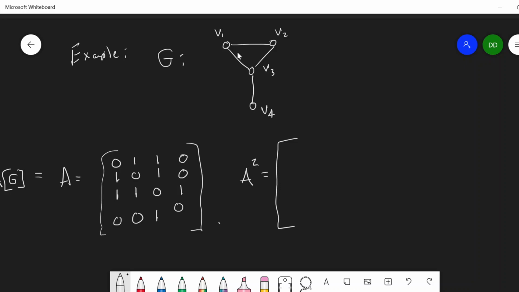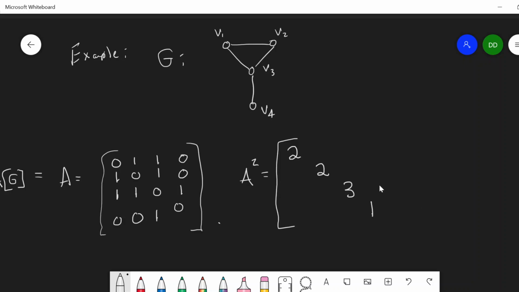And so in general, this is giving me the degree of each vertex. There are 2 walks of length 2 between v1 and v1. One that goes to v3 and back to v1, and one that goes to v2 and back to v1, and that's all of them. For v2, again, we just have 2 walks. For v3, v3, we have 1, 2, 1, 2, 1, 2. Again, in general, it's the degree of each vertex.